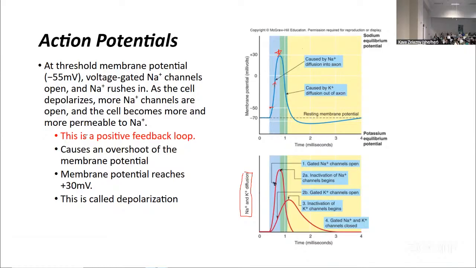This shoots us way over zero, up to positive 30. This whole going-up phase is the depolarization phase of the action potential. But it stops before we reach the equilibrium potential for sodium, at positive 60, stopping at positive 30 because we have inactivation gates on our sodium channels.